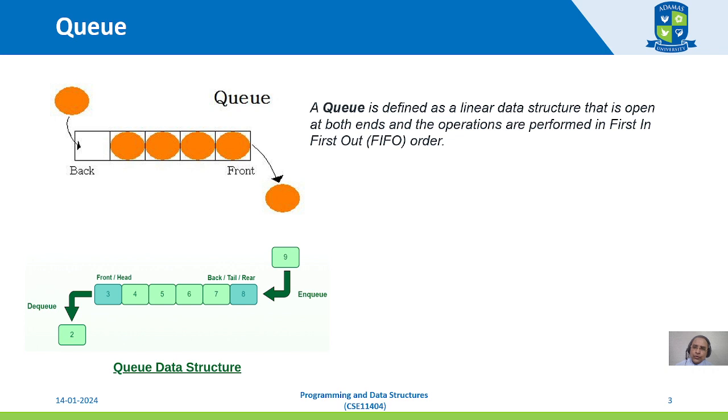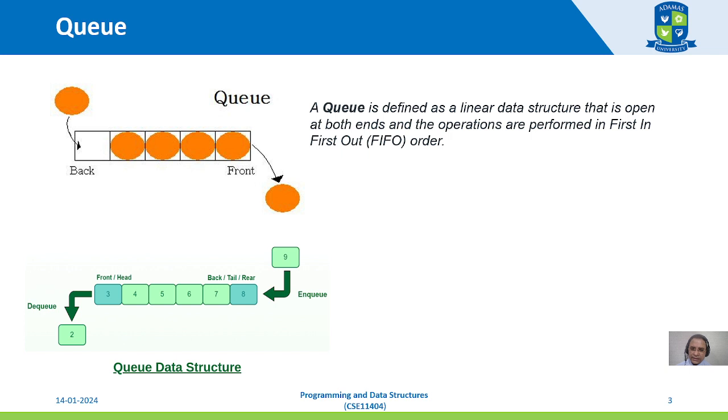Now queue is a linear data structure where the operation is performed from both the ends. That means one end will insert elements and the other end will delete elements, or elements will be coming out from that end.